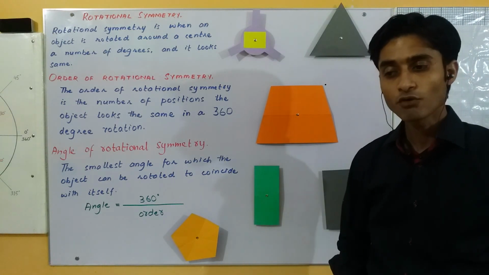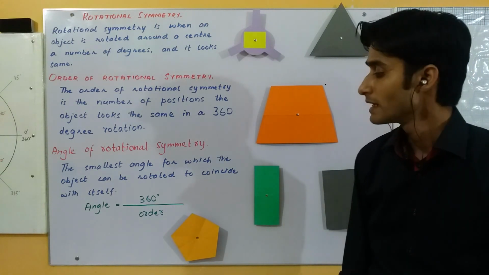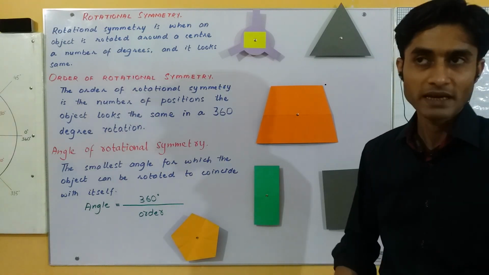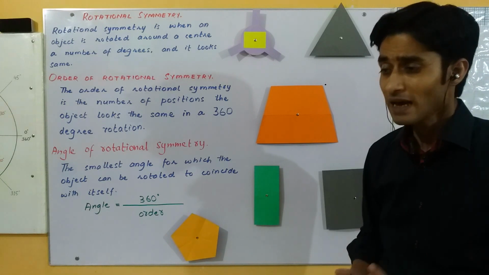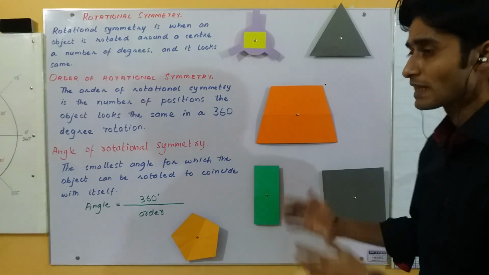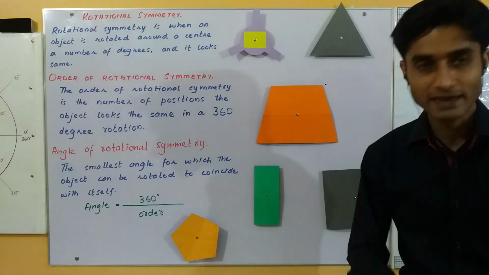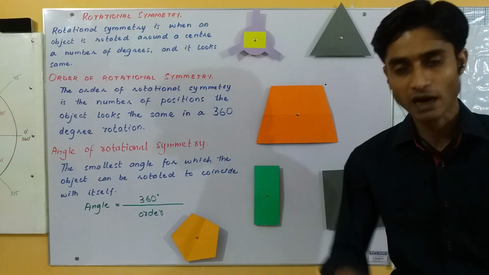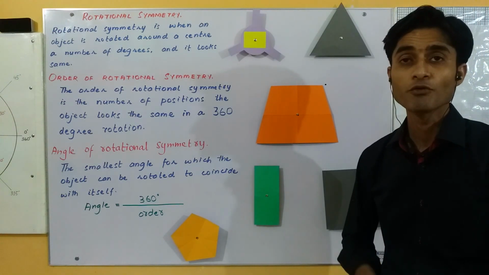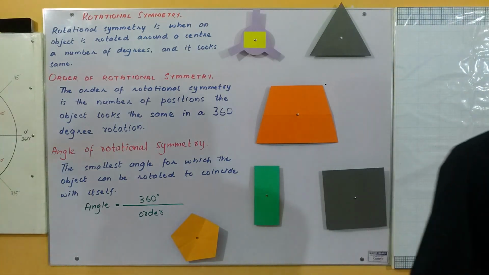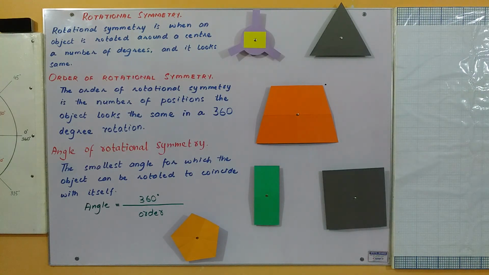Make sure that these 4 things are understood clearly. If there is any shape that you are confused about, kindly try and cut that shape out, find its center and try rotating it around its center, and then see what is happening. Hopefully that will give you a much better understanding of what you have done earlier, and now I think this will be much more clear than ever before.